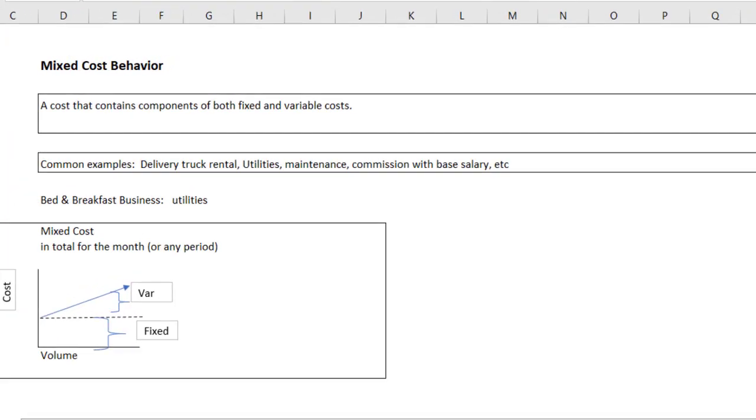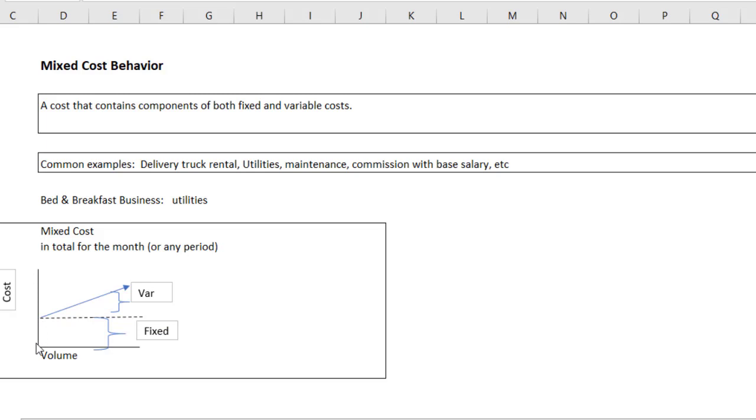So in our example, we're going to look at a mixed cost for utilities at our bed and breakfast. So we know that no matter what we do, even if we have 0 guests, we're going to have a minimum amount of utilities. This amount is the fixed amount. So you notice it starts on the cost line. It doesn't go to 0. It starts at a certain amount.